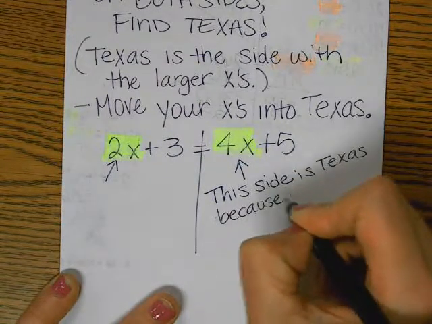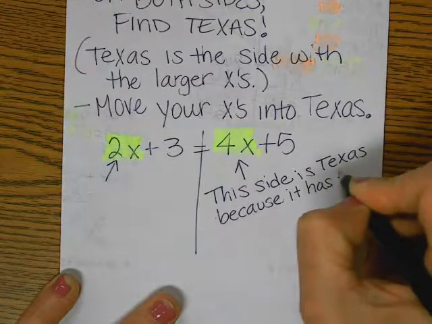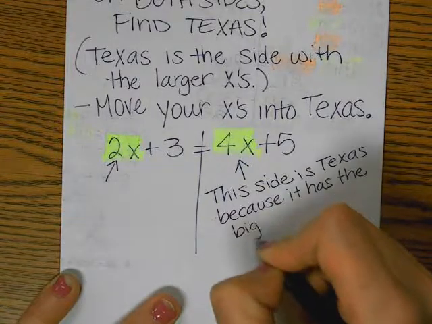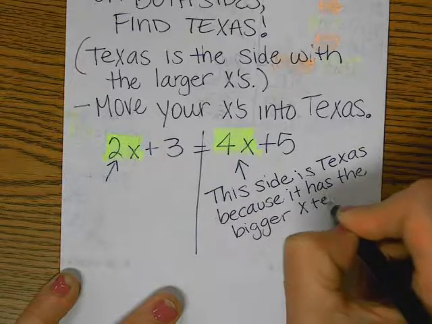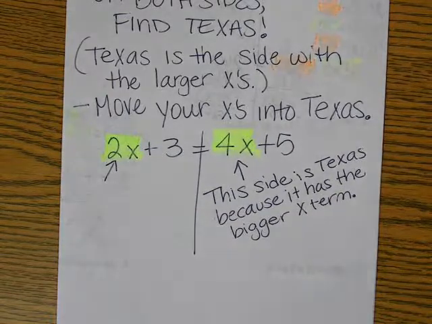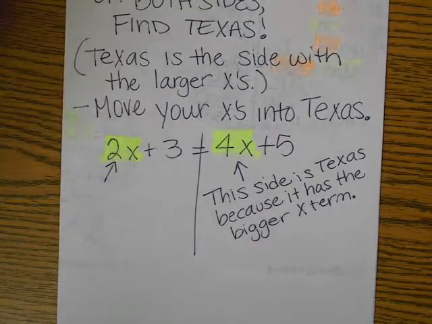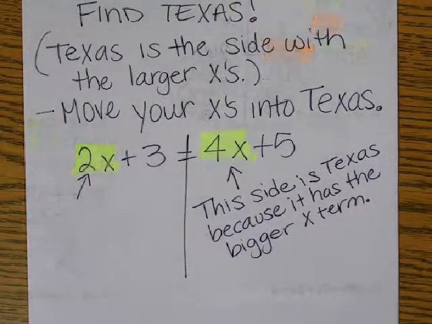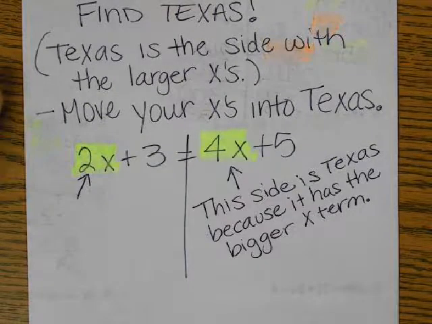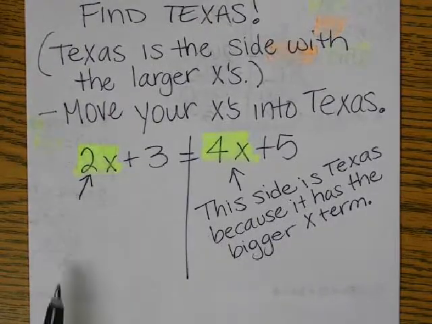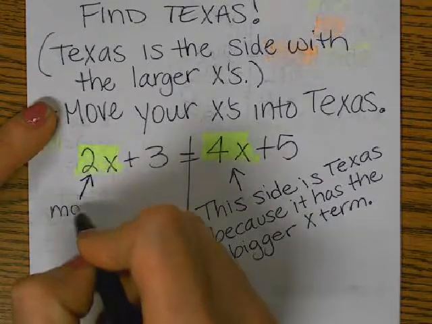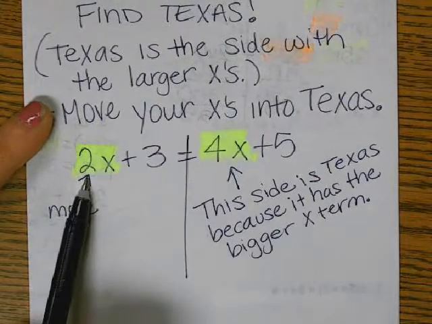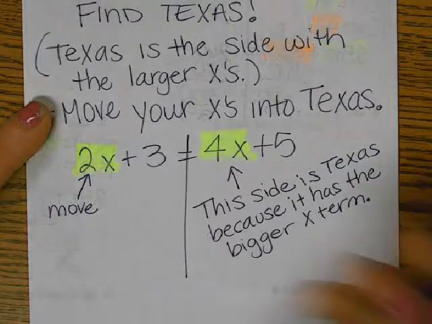because it has the bigger x term. And this side is not Texas. This is Tennessee, where I hang my hat. So I'm going to move my x, because this is my ex now. I'm going to move it to Texas, away from me.